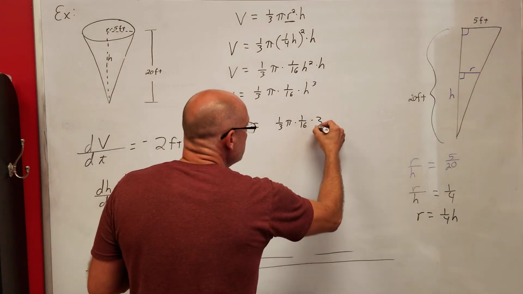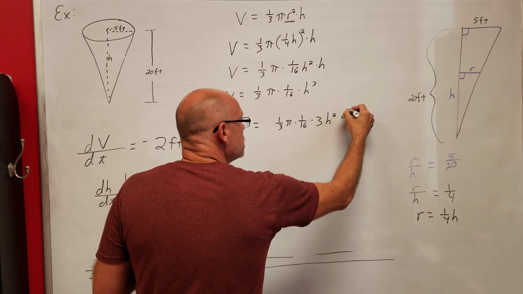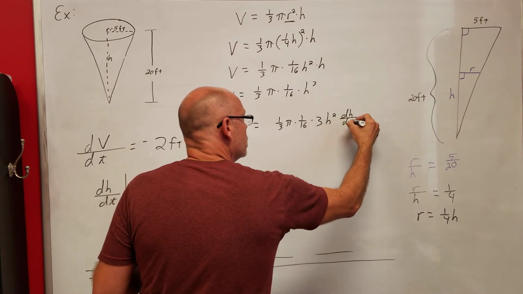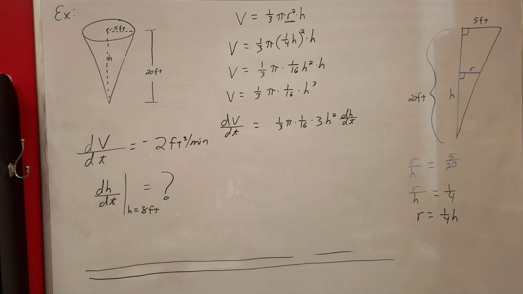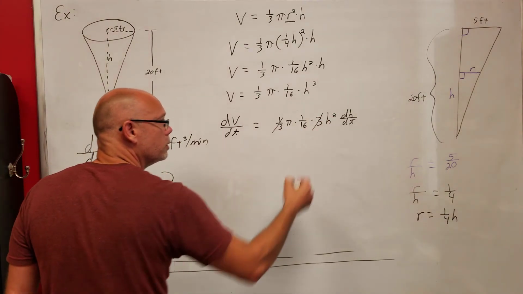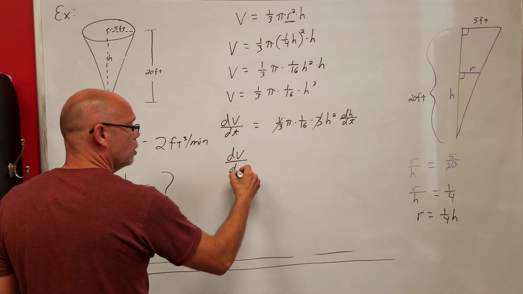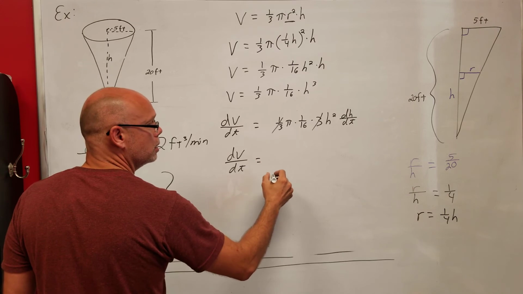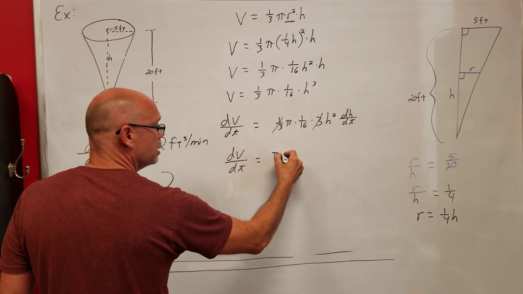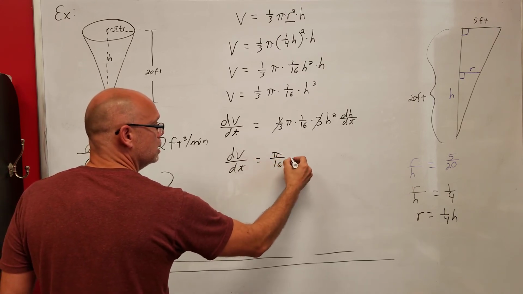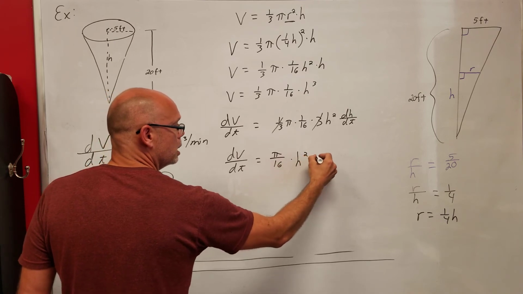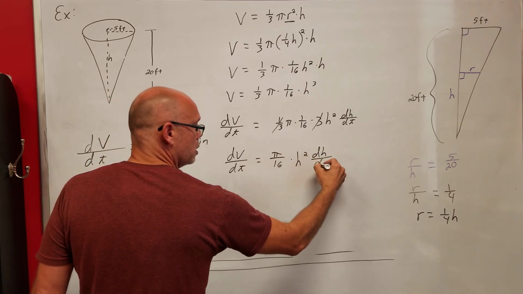What would that give us? 3h squared times dh over dt. Well, does 1/3 and 3 divide each other out? So we have dV over dt is equal to pi over 16 times h squared times dh over dt.